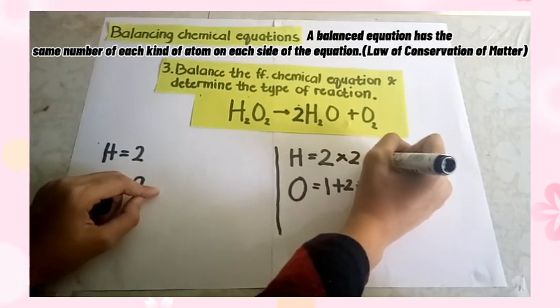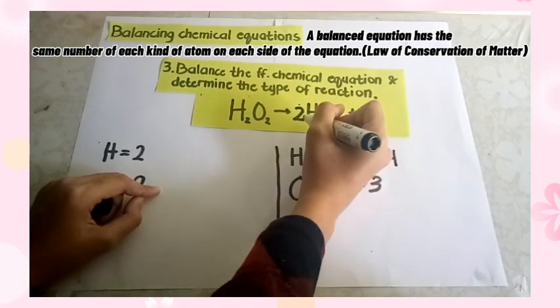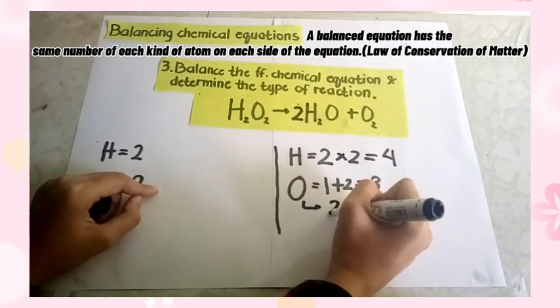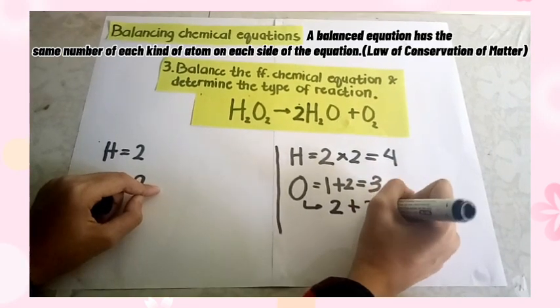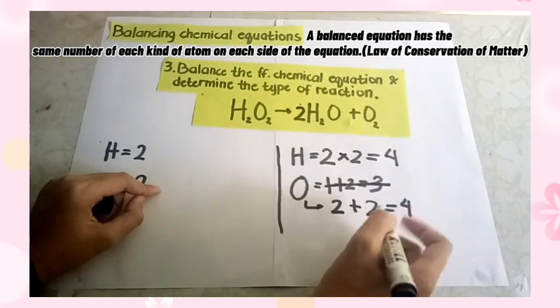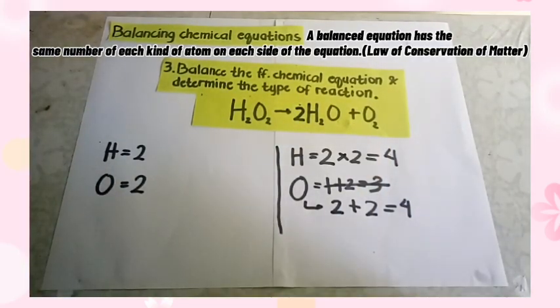So 2 times 2, that is equal to 4. In our oxygen, we have 2 times 1 is equal to 2. Then plus 2 oxygen is equal to 4. That means we have 4 atoms of oxygen in the product.